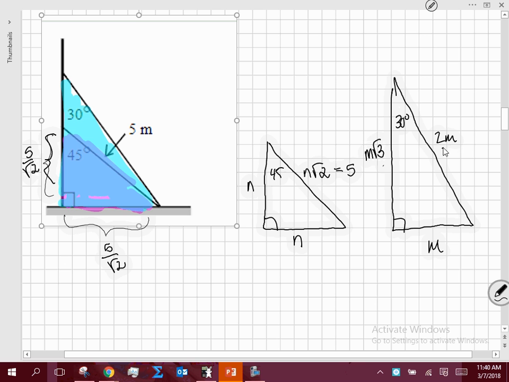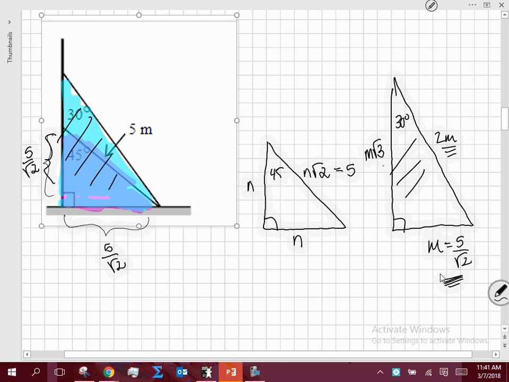They want to know how long is your brace. Well, if I put this triangle here on top of this blue one over here, doesn't m match up to 5 divided by root 2? So then what do I need to do with m to find my hypotenuse?